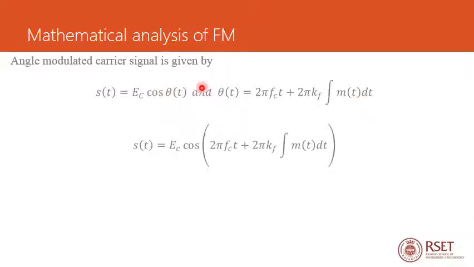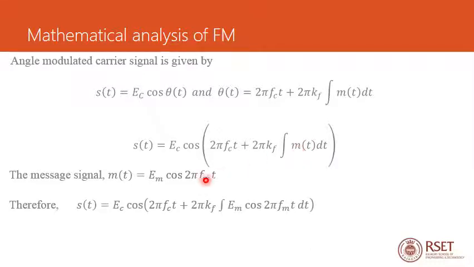If you substitute theta of t in this equation, the angle modulated carrier signal now becomes Ec into cos of 2 pi Fct plus 2 pi Kf integral m of t into dt. Here m of t is our message signal, which is given as Em into cos 2 pi Fm into t.